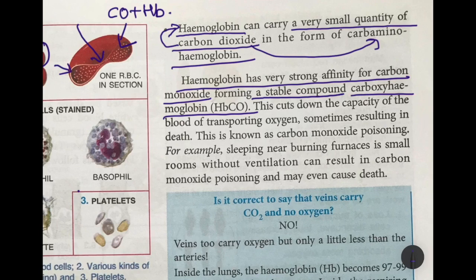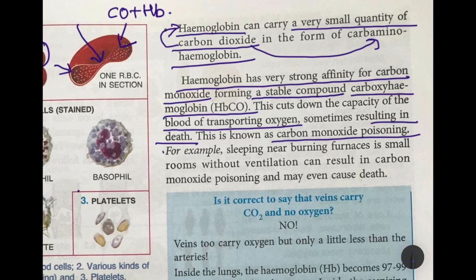So what will happen? The capacity of the blood transport of oxygen gets reduced. So that also results in death in some cases. This is known as carbon monoxide poisoning. Now, you must have heard about people in cold countries or cold places.